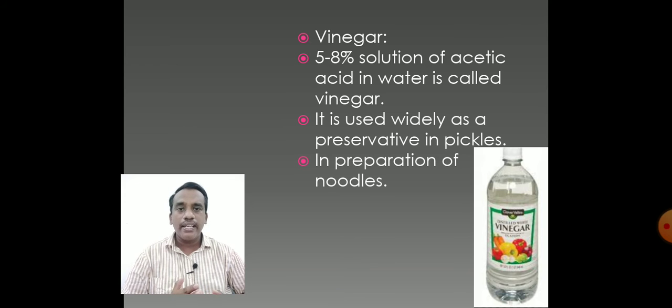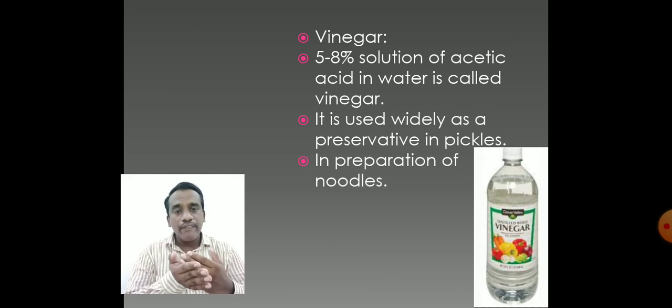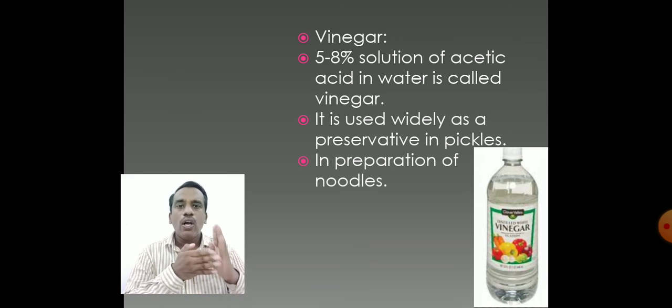This is a diluted acid, and we give it the name vinegar. At times we may use 95 ml of water and only 5 ml of acetic acid, so it may be in any range. We can use a 5 to 8% solution of acetic acid in water, and this solution of acetic acid in water is what we call vinegar.